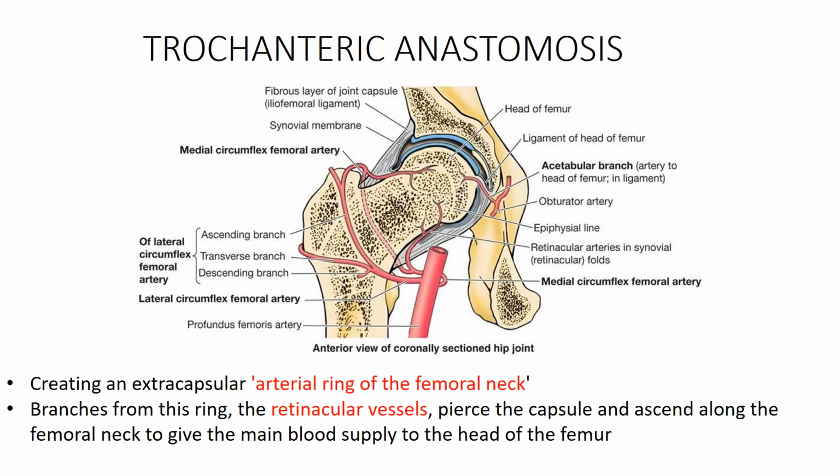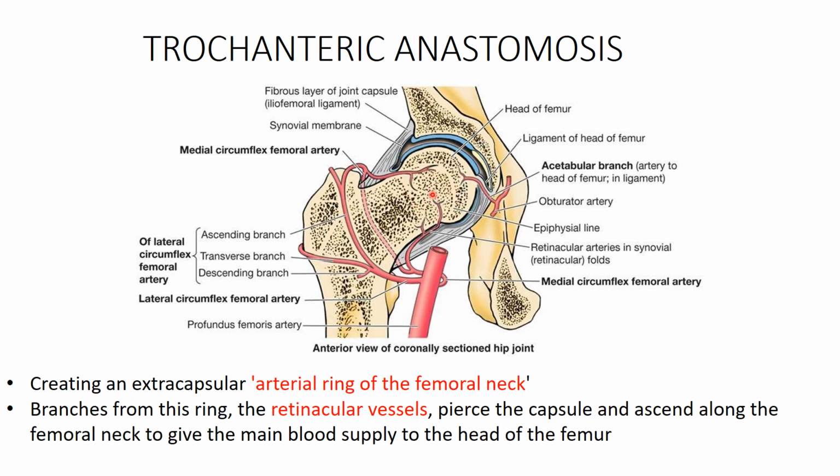And from this trochanteric anastomosis, there is an arterial ring formed around the femoral neck, and it gives rise to branches which supply the neck as well as the head of the femur. These branches from this ring are known as the retinacular vessels, which pierce the capsule and ascend along the femoral neck to supply the head of the femur.